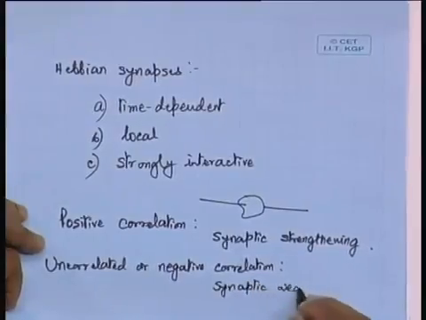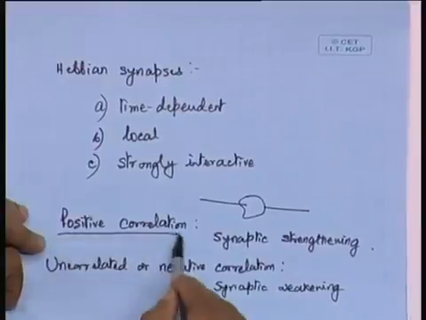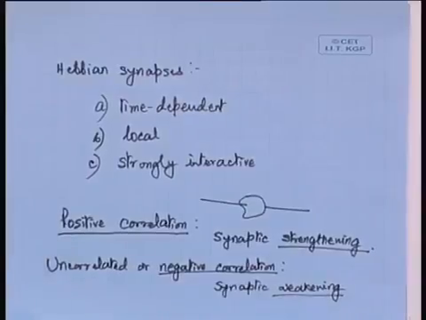This is surely what we can expect: positive correlation should lead to strengthening and negative correlation should lead to weakening. But whether uncorrelated should lead to a strengthening or a weakening, or remain the same, is one issue on which one can debate.